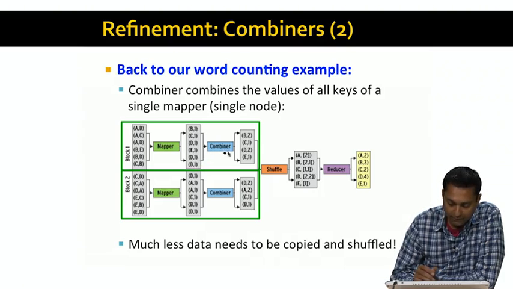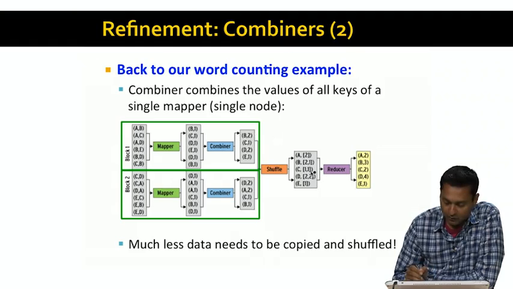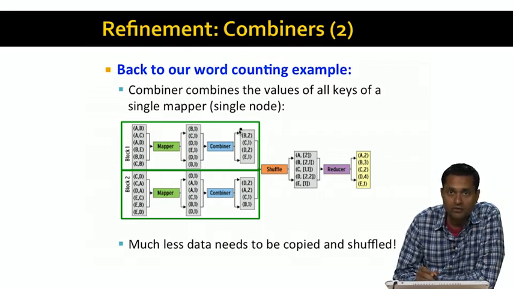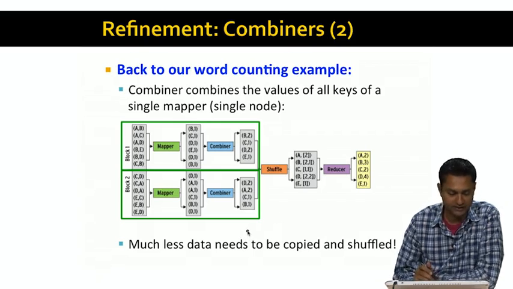The combiner, which is another function provided by the programmer, combines the 2 occurrences of B and produces a single tuple B, 2, which is then shipped over to the reducer. So instead of 2 tuples of the form B1 being shipped over to the reducer, a single tuple of the form B2 is shipped. This way, much less data needs to be copied and shuffled.